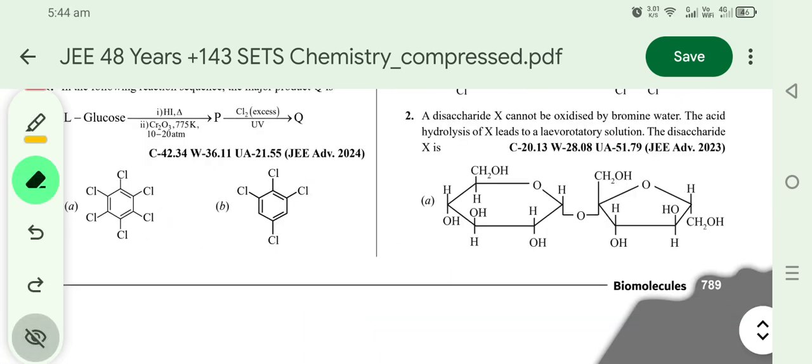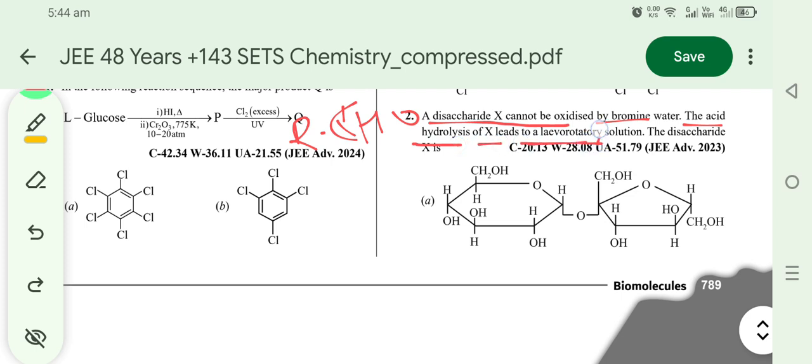A disaccharide cannot be oxidized by bromine water. It indicates there is no aldehydic group in that disaccharide. The acid hydrolysis of X leads to a levorotatory mixture. Levorotatory is given by sucrose.